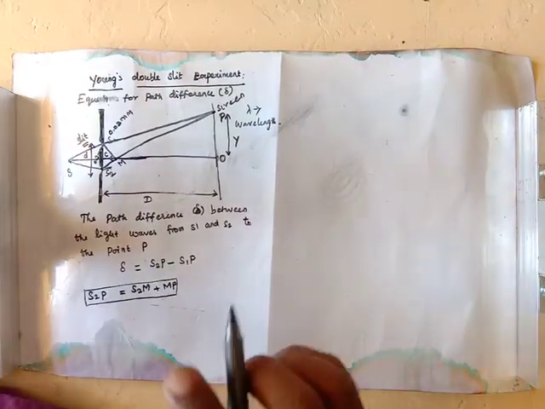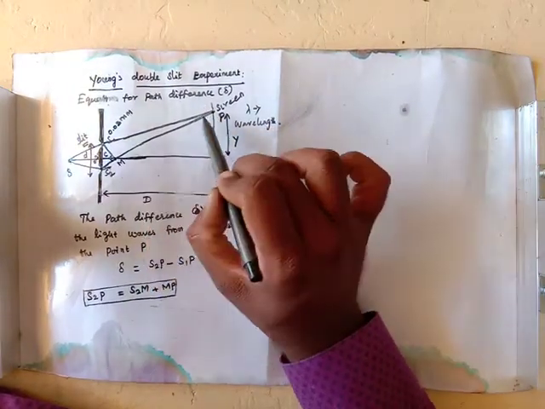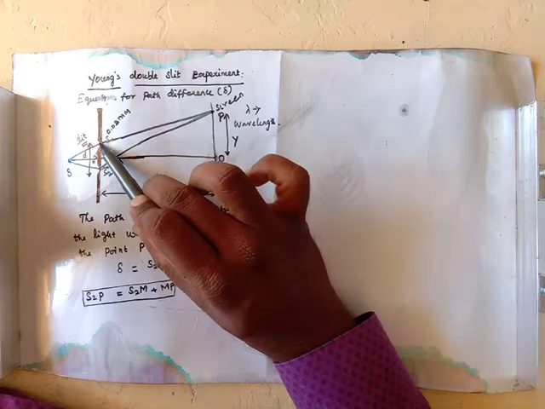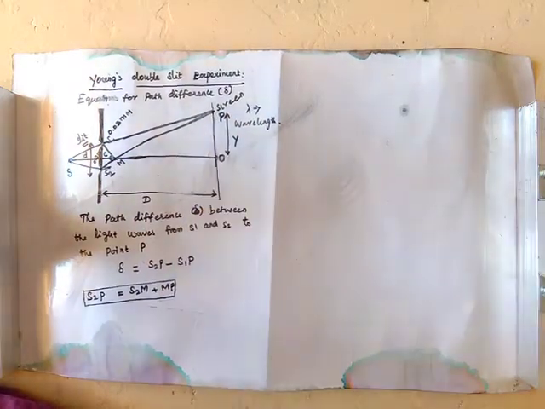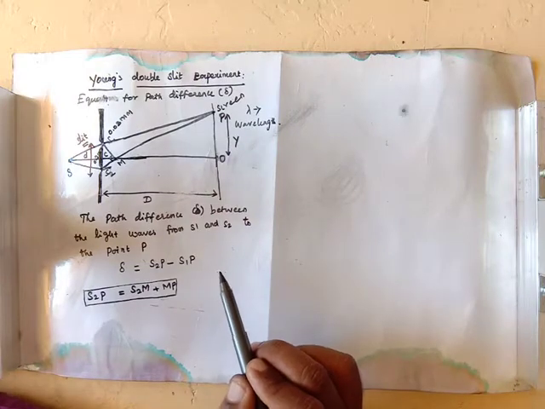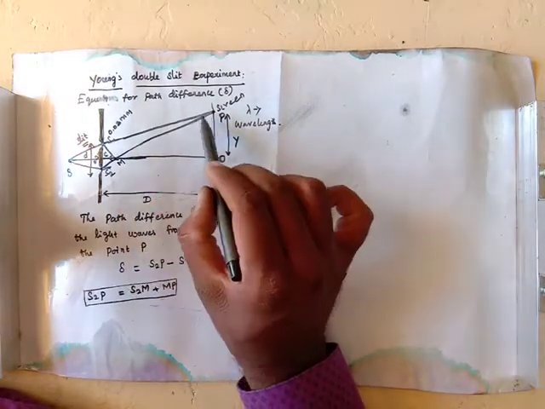And we know that S1P is equal to MP, since we drew the perpendicular line.